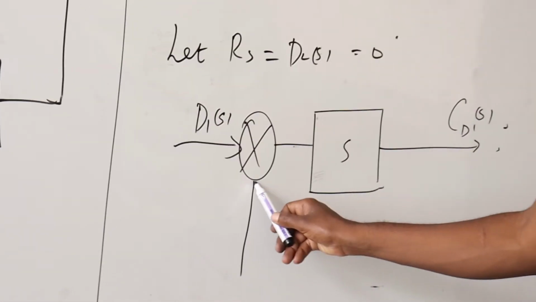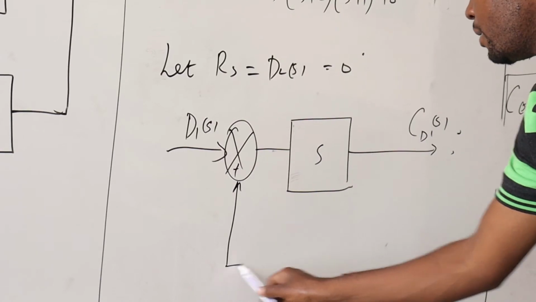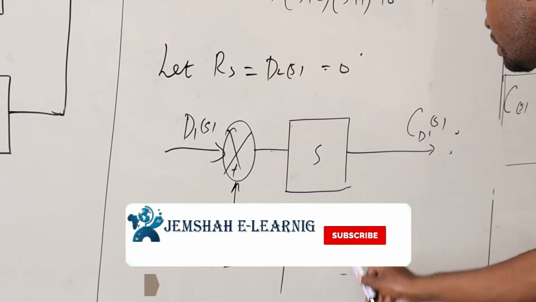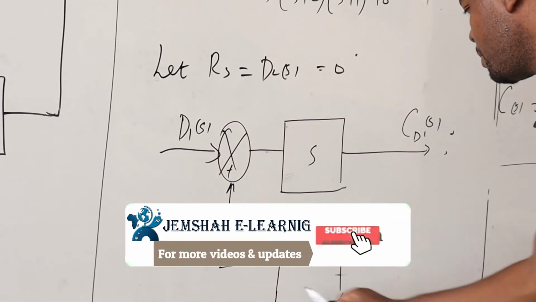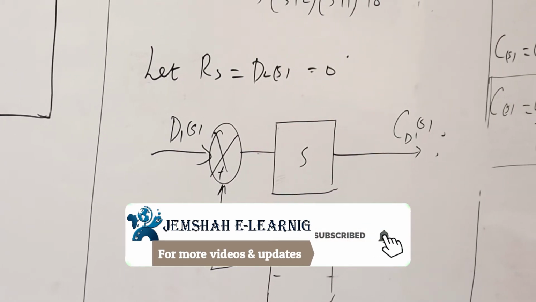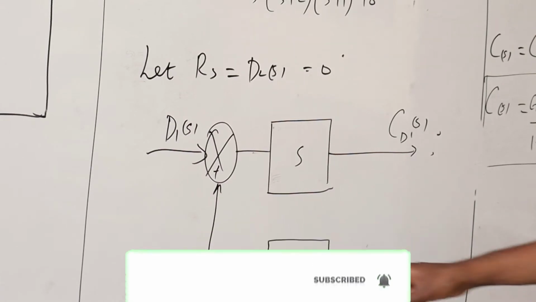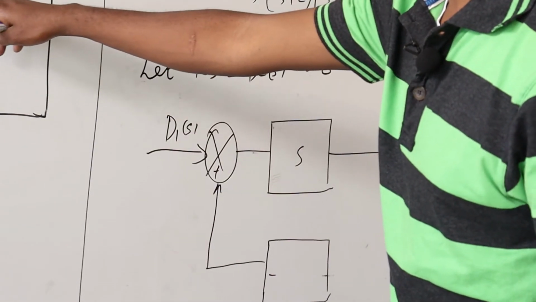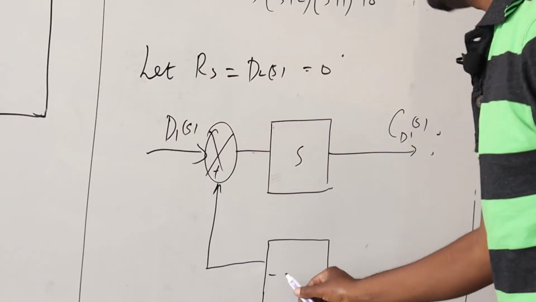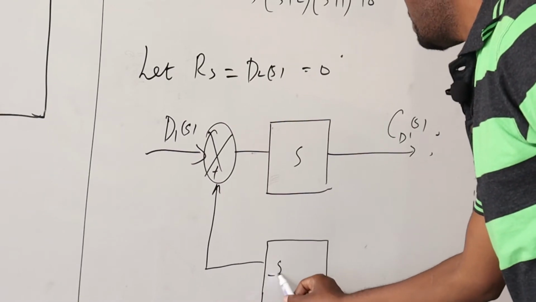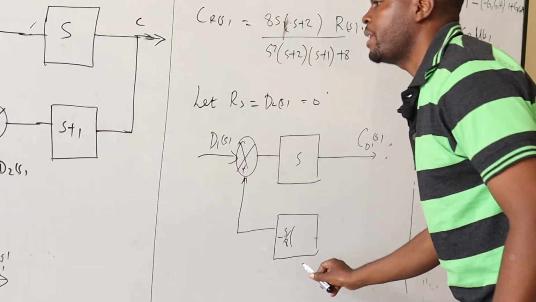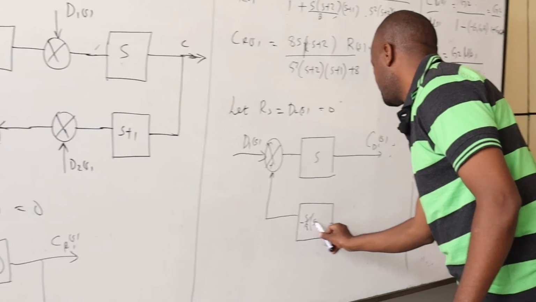Of course, now it will have a positive feedback, and this one is going to be minus S over 8 minus S squared. We can have minus, so this is what we have, it's going to be minus S all over 8 into S plus 1, S plus 2.